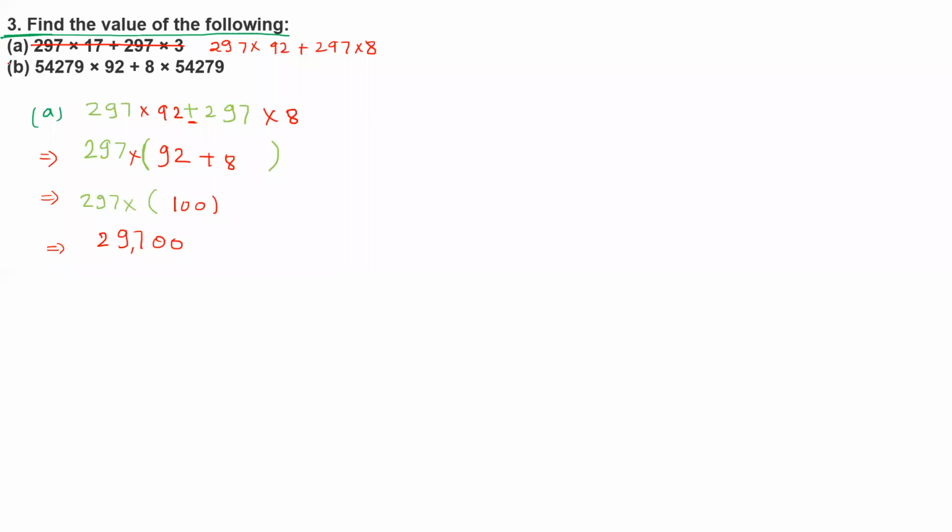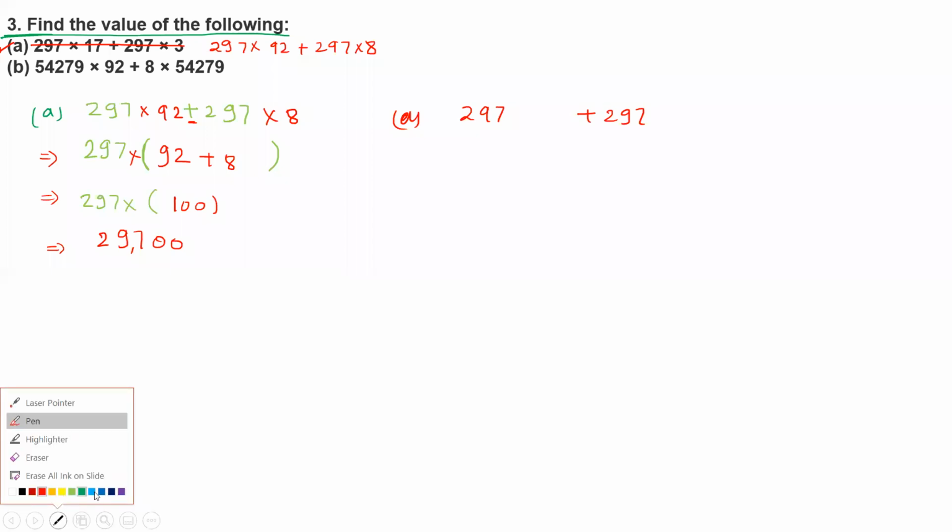Now let's do the question which was given to us earlier. Again, question A: 297 multiplied by 17 plus 297 multiplied by 3.